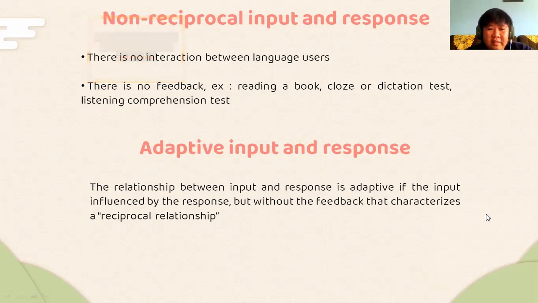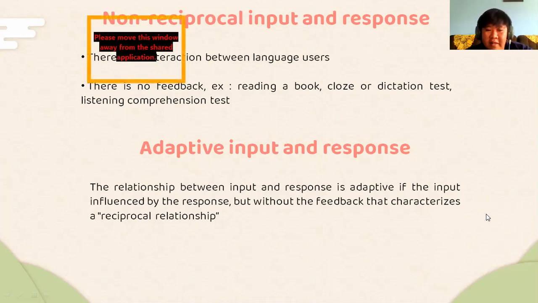And the last one is adaptive input and response. The relationship between input and response is adaptive if the input is influenced by the response, but without the feedback. It is characterized by a reciprocal relationship.